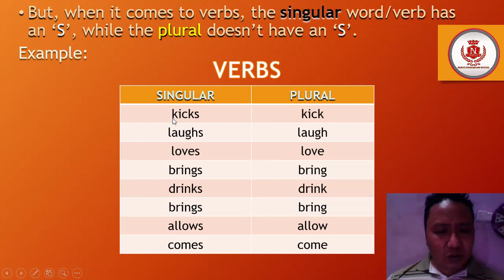If it's a noun, singular doesn't have an s, but when it comes to verbs, like kicks is a verb. Kick is a verb, but if it's going to be singular, we have an s. We put an s here. In a plural, we cut off the s.